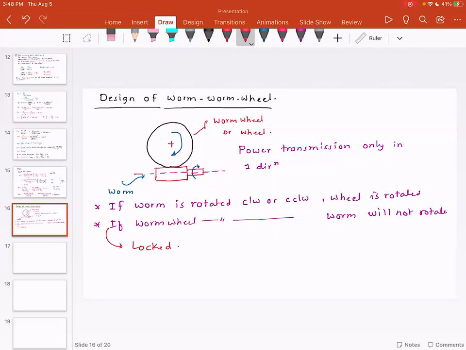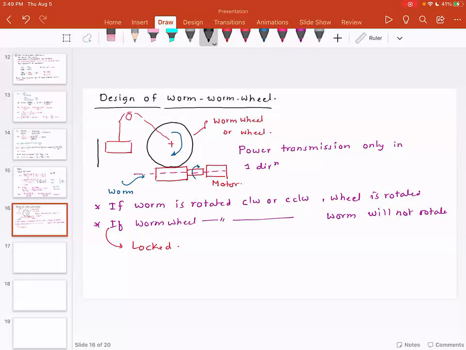So think about a case where a worm wheel type of mechanism is used for lifting heavy loads. And here is a motor. The figure is not proportionate, but please understand the concept. Here is the motor. What we want to do is rotate the worm and raise or lower the load.